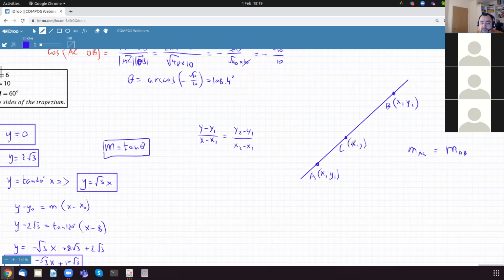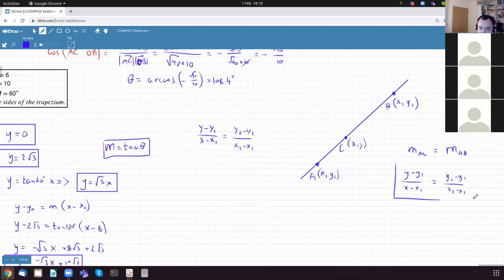So the gradient of AC has to equal the gradient of AB. The point xy lies on this line only if this is true. The gradient of AC is equal to y minus y1 divided by x minus x1, and the gradient of AB is equal to y2 minus y1 divided by x2 minus x1.